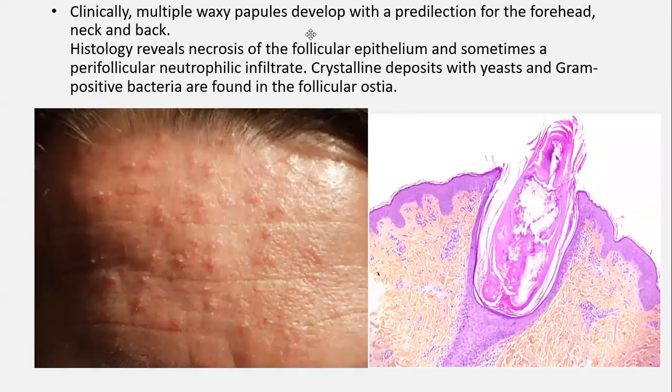Clinically, you can see multiple waxy papules develop with predilection for forehead, neck, and back. Histology reveals necrosis of the follicular epithelium and sometimes a perifollicular neutrophilic infiltrate. Crystalline deposits with yeast and gram-positive bacteria are found in the follicular ostia.